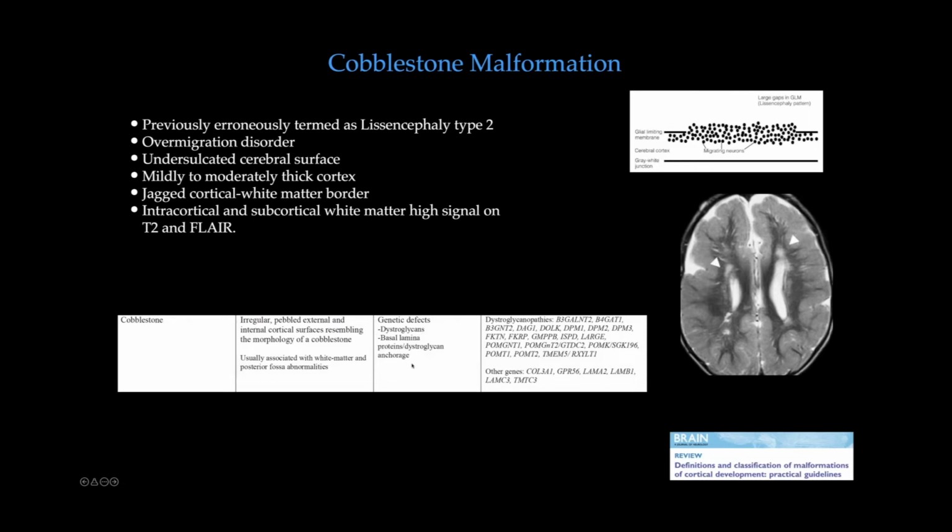These are the genetic abnormalities associated with this disorder, and the primary differential, as has been said, is the congenital muscular dystrophies, but other genes which need to be considered are the collagen-related disorders, LAMA2 mutations, GPR56 or the ADGRG1 mutations, LAMB1, LAMC3, and TMTC3 are also differentials for this presentation.